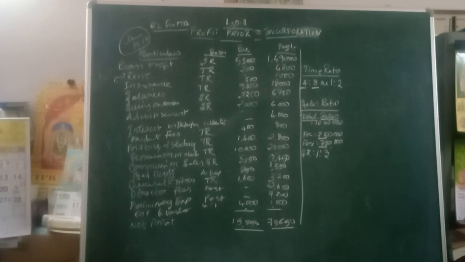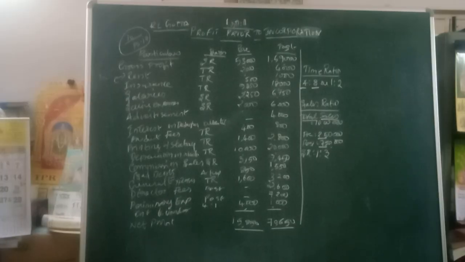What is the point lying here? The actual point is that audit fees is taken for any type of organization, whether it's a proprietary concern or an ordinary shop. As per the rules, audit fees is applicable.